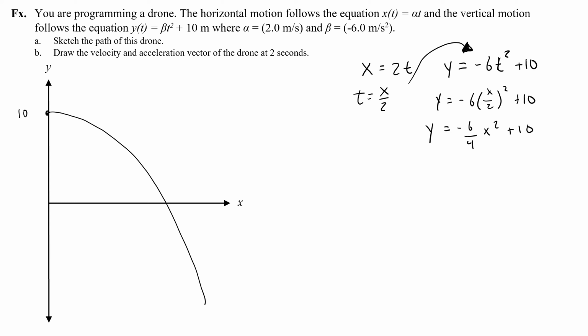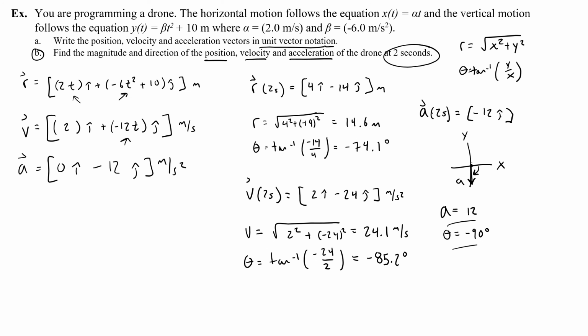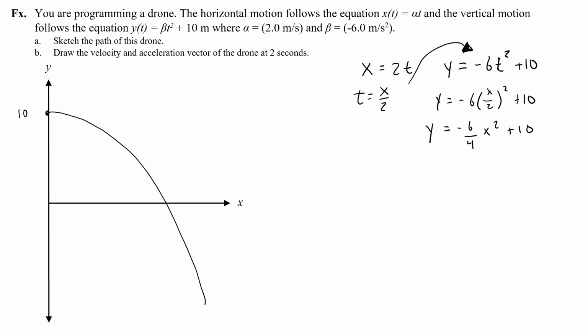Now if I wanted to draw the velocity and acceleration vector of the drone at 2 seconds, I would just look back at all of the information that I found at 2 seconds and say, okay, well my position is 4, negative 14. So we'll say that's maybe here. I don't know, the scale is wild. 4, negative 14 for the position. That would be the position vector, which we could draw like this. That's r. And then the velocity, whatever this path is starting to look like, the velocity is going to be tangent to it.